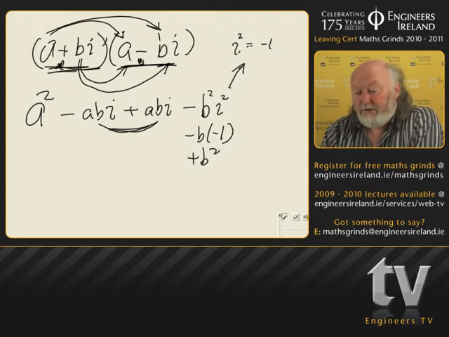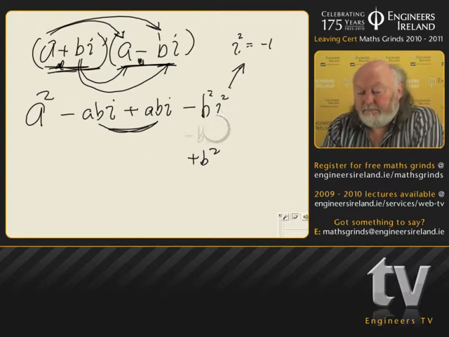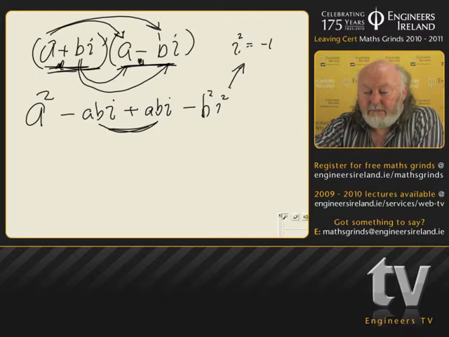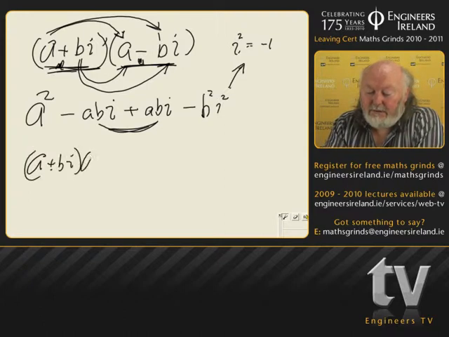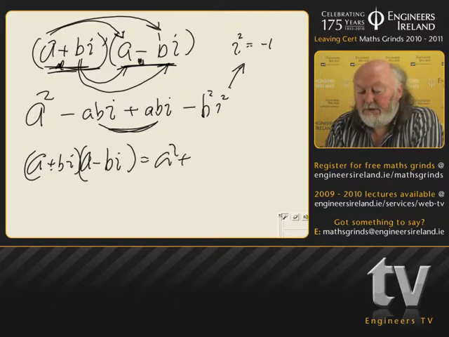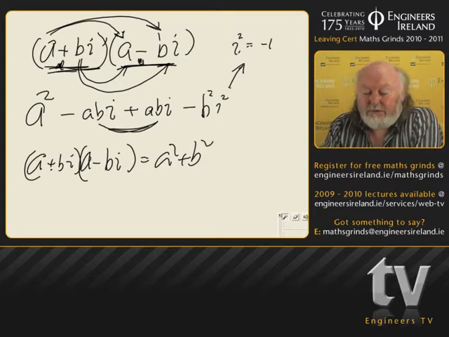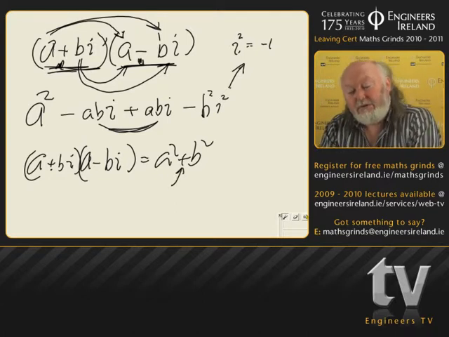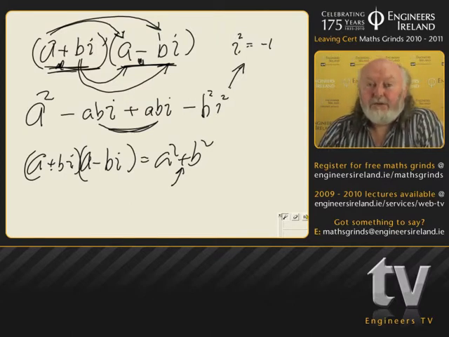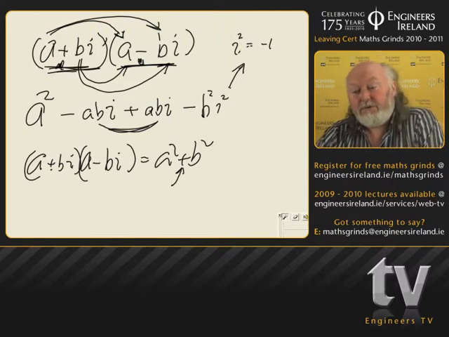A difference between algebra and complex numbers: in complex numbers, a plus bi by a minus bi is going to give you a squared plus b squared, whereas in algebra, you've got a squared minus b squared. The reason for the change of sign is this little i character. When you square it, you change your sign. Why do we need to know this? Well, this is the secret for doing division in these guys.